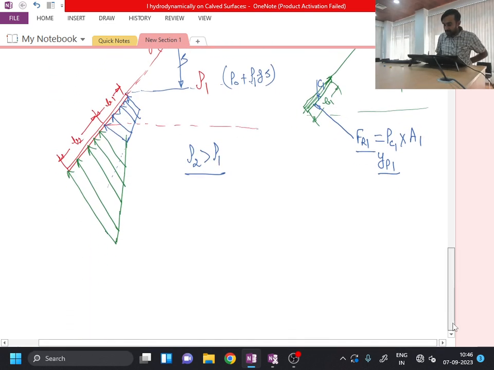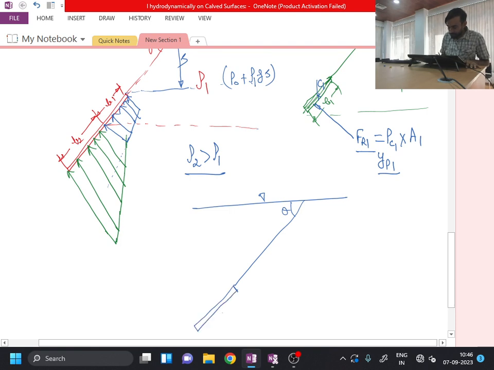Now similarly we have one more body. For that, I can consider that this is my free surface. Now at an angle theta I have another body submerged whose width is b2. Up to this point I have density rho1, and below this I have density rho2.